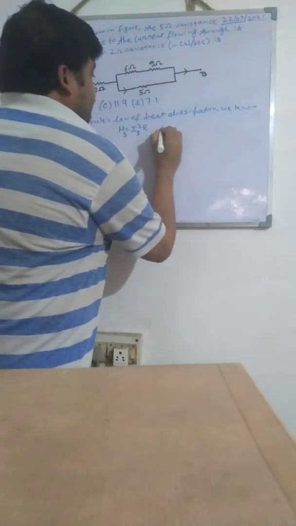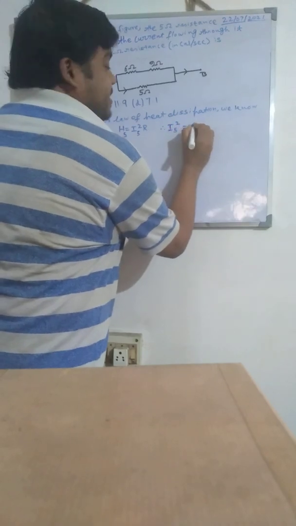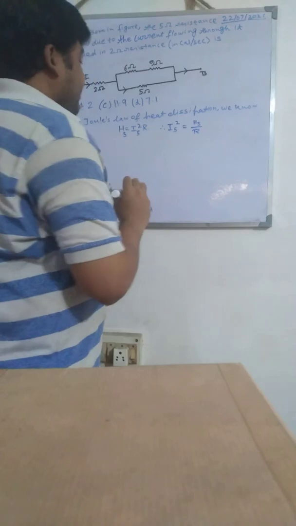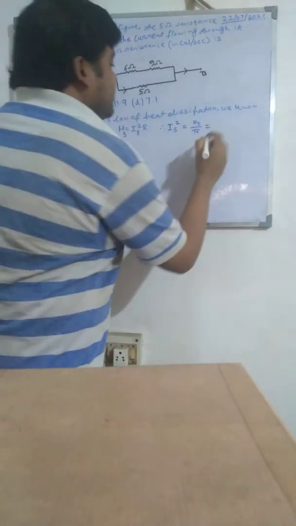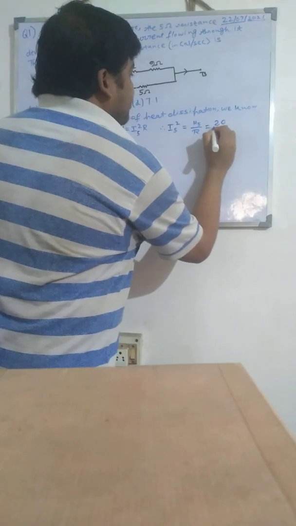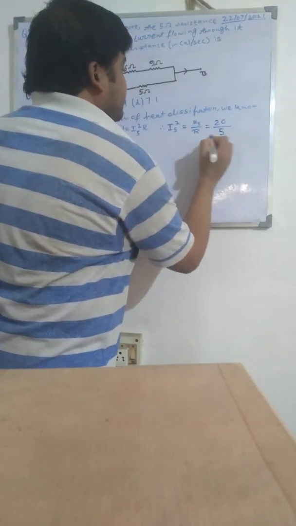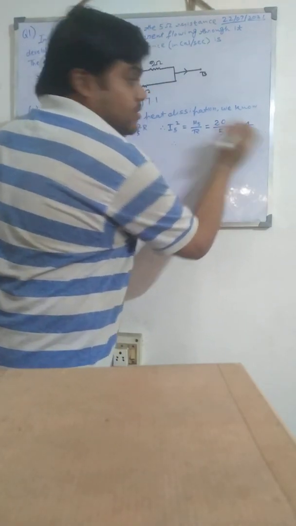Therefore we can write I5 square is equals to simply H5 by R. Now it is given that H5 is equals to 20 calorie per second. So 20, and resistance is 5 ohm. So 5. So therefore we are getting 4.